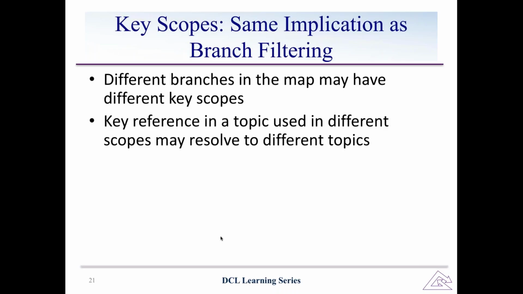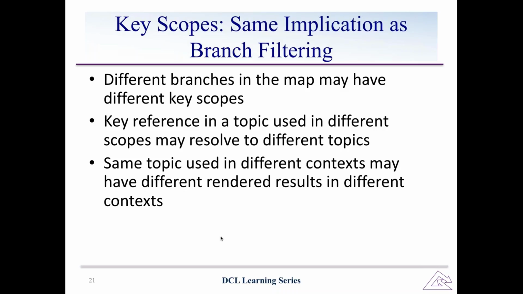And that means that a key reference that's in a topic, right, a cross-reference or a content reference, doesn't matter which you're doing, a key reference in a topic that's used in different scopes, that key reference may resolve to different topics, right? Which means that, again, the rendered result is going to be different, or at least it could be different, right? So the same topic used in different contexts that uses key references may have different rendered results in different contexts, right?